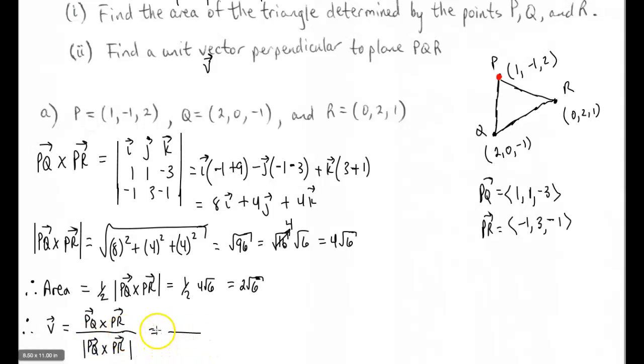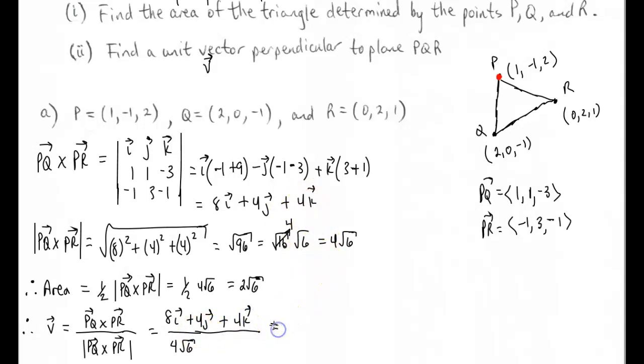Of course, in the denominator, our cross product magnitude is just 4 times square root of 6. In the numerator, we have 8i plus 4j plus another 4k.